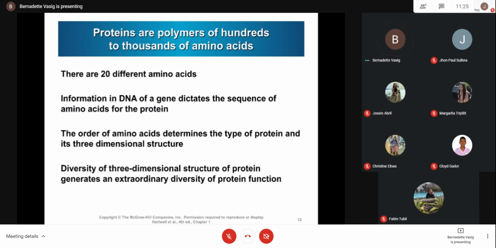Abril? How is a polypeptide chain different from a protein molecule?